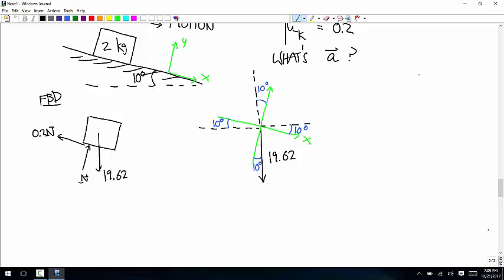Now the last thing we have to do is figure out the angle. What we're trying to do is go from the positive x-axis counterclockwise to the vector. From the positive x-axis, it's 270 to this green line, and then another 10 to get to the gravity, the weight force. And so you get theta of 280.